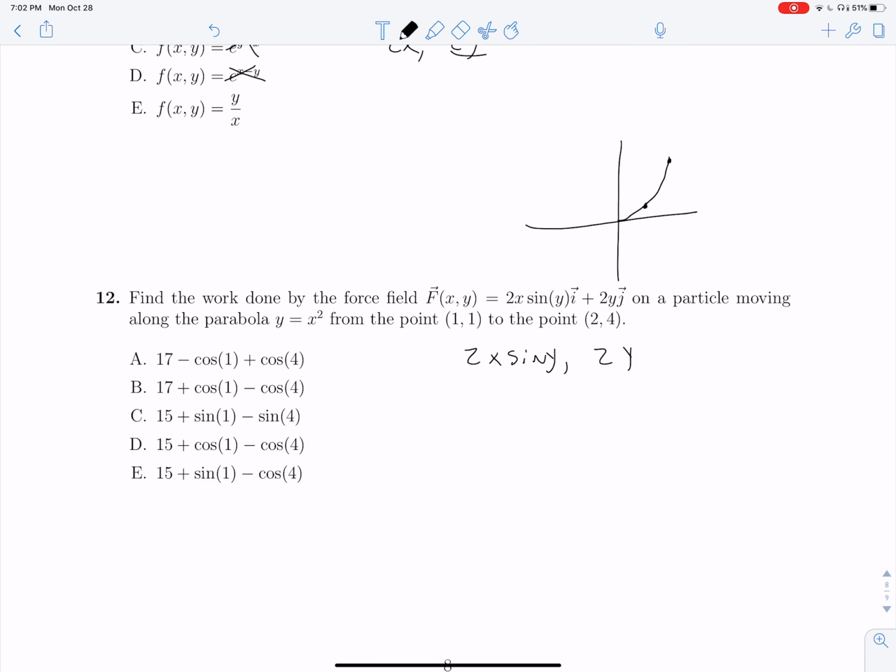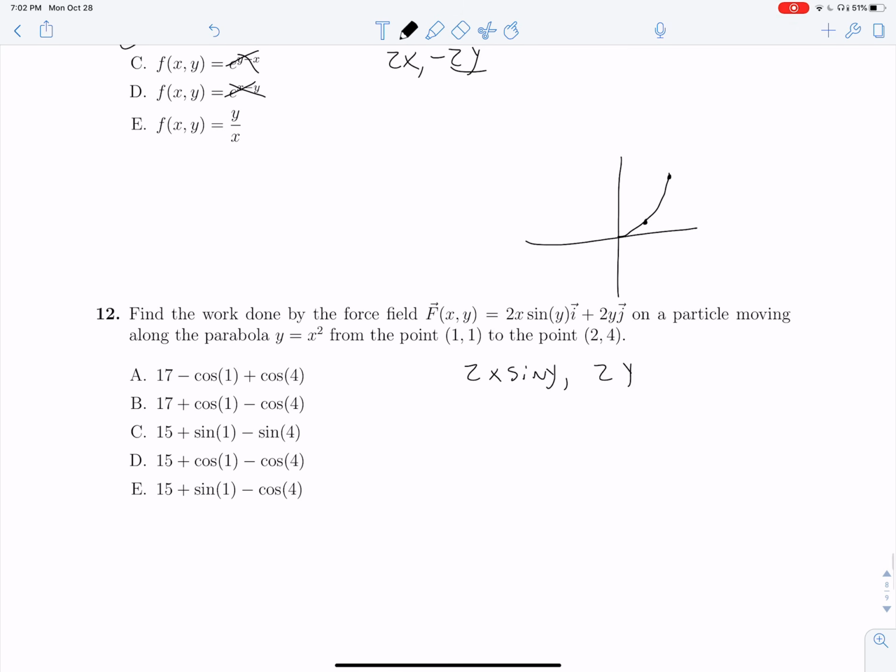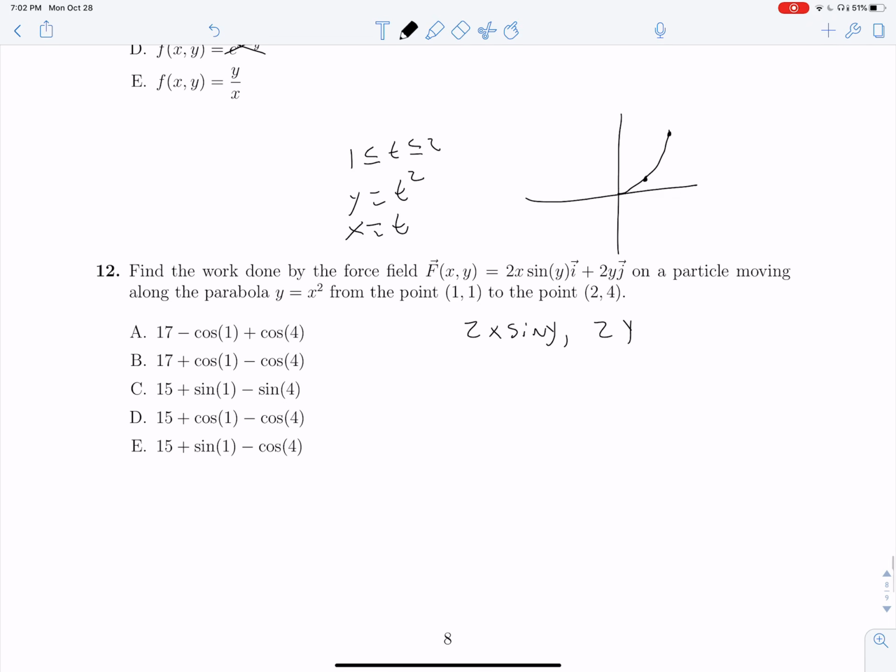Okay, well, this is question 12, so I guess we're just going to go. Going from that point to that point, we can set x equal to t and y equal to t squared for 1 less than or equal to t less than or equal to 2. Okay, so now we can plug in here. So 2t squared sine t, comma, 2t squared.